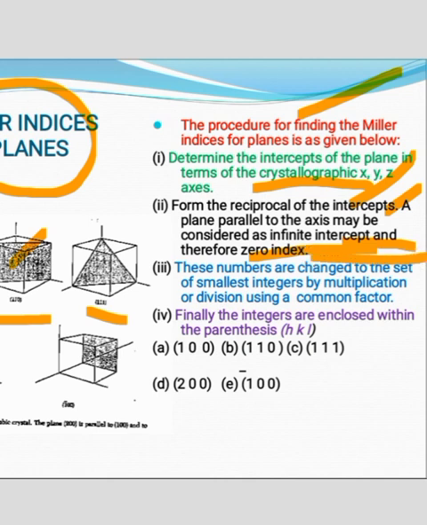These numbers are changed to the set of smallest integers by multiplication or division using a common factor. Finally, the integers are enclosed in parentheses, (hkl). So here 100, 110, and 111 are the Miller indices of the planes with respect to the coordinate axes.